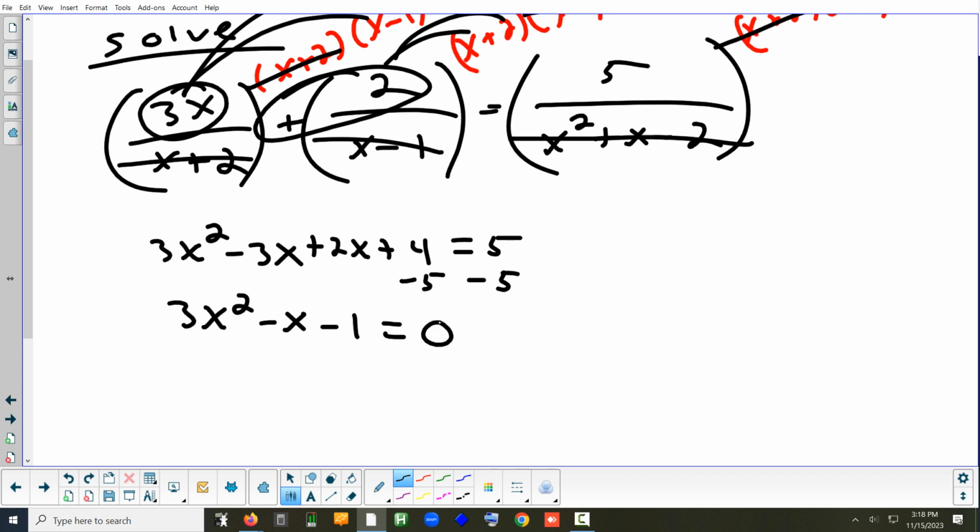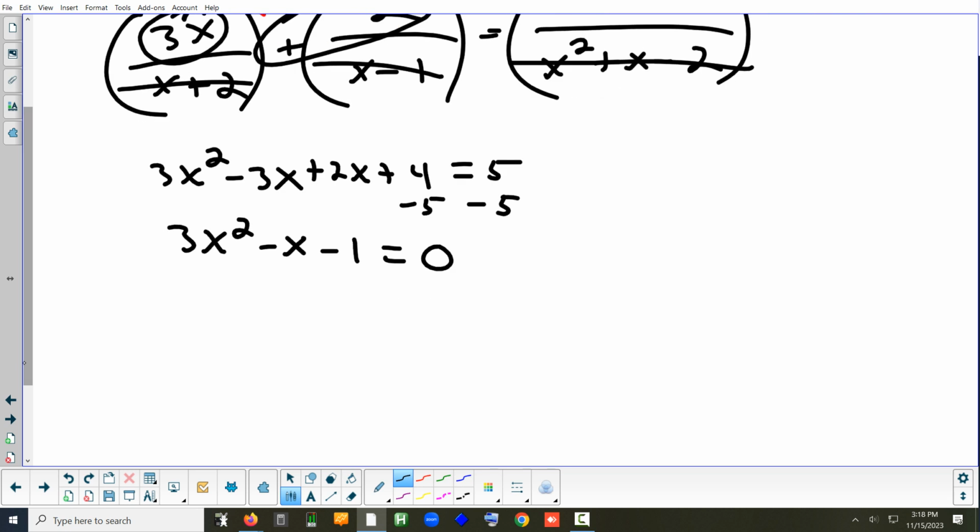Okay, what's one way that we can solve a quadratic if the numbers work out nice? Factor. We can try to factor it. I'm not sure that's going to work. So we could try 3x and x. And then what do your signs have to be? One of each, so we get a product that's negative.